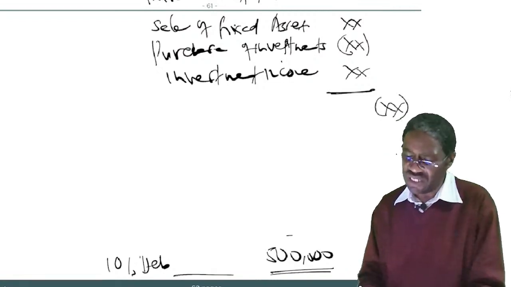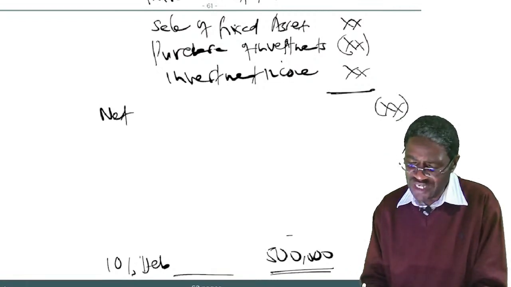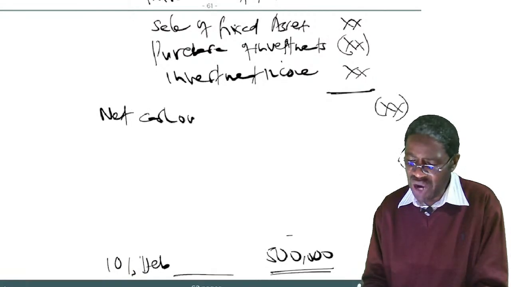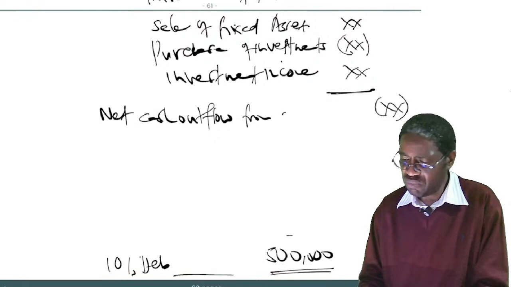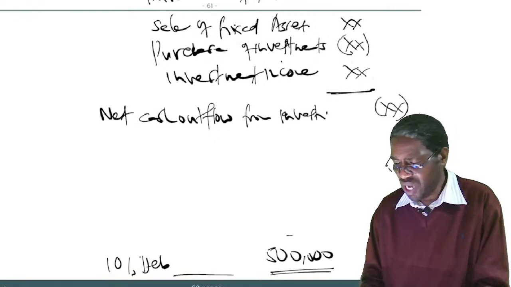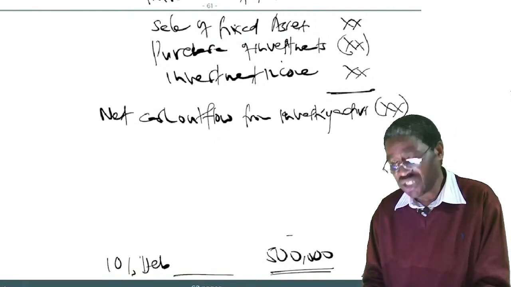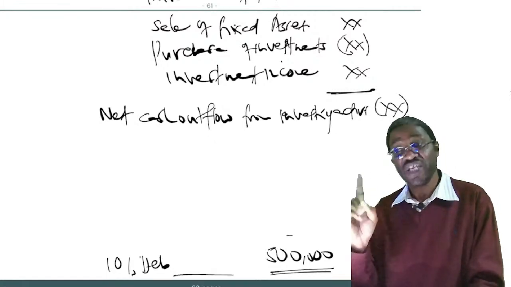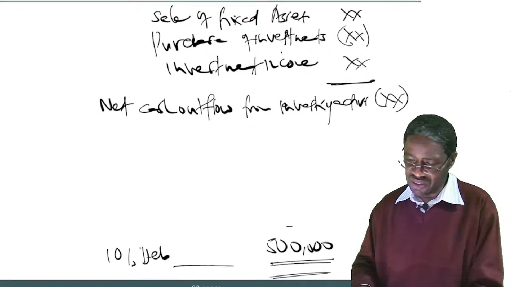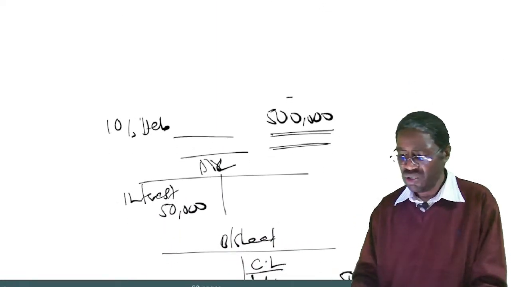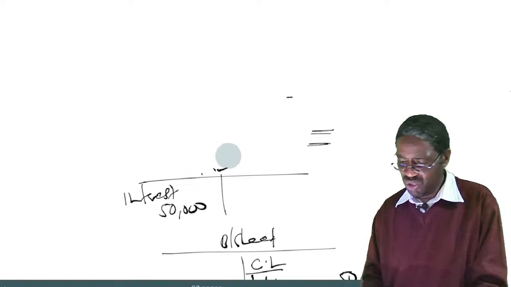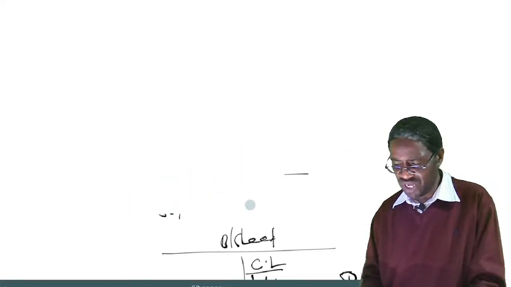So if it's a negative, now you will call it net cash outflow from investing activities. So we are through with the second category of the cash flows now. We want to go to the third category of the cash flows.